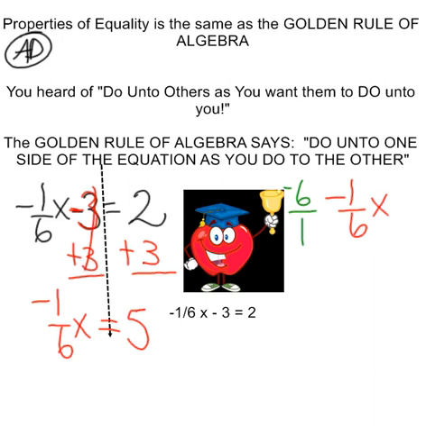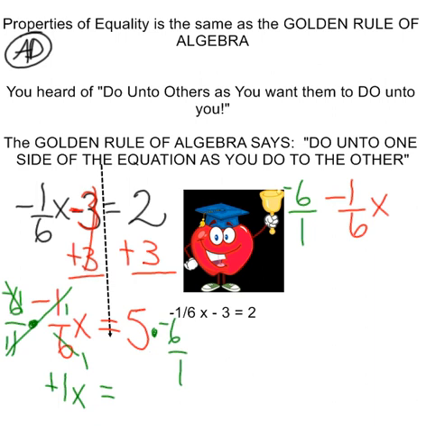So I'm going to reciprocate and multiply. When I do that, these cross cancel, become 1 and 1, and these are already 1s. And a negative times a negative is a positive 1x equals, whatever you do to one side of the equation, you have to do to the other.